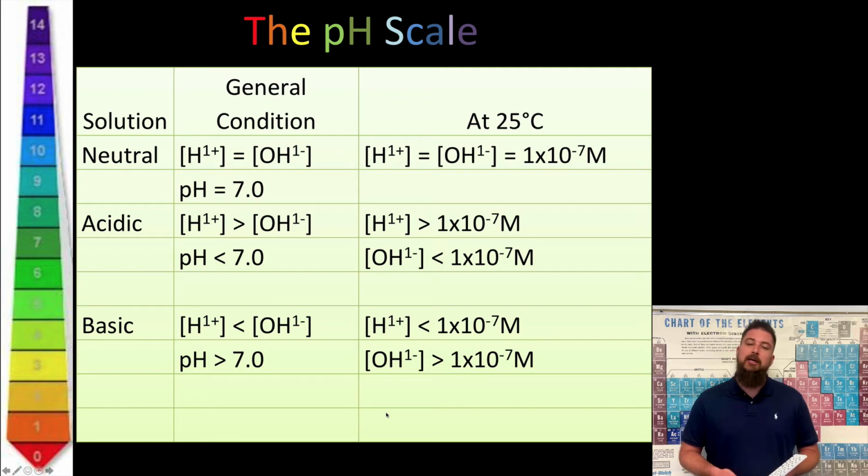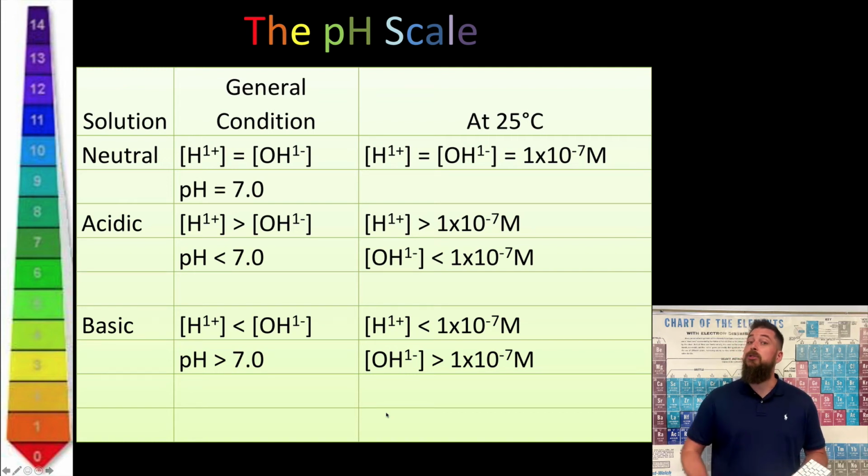Now, if you have a pH that's less than 7, so for example a pH of 3, as the pH drops below 7, that means you are increasing the hydrogen ion concentration. So you're going to have a greater hydrogen ion concentration than hydroxide ion.